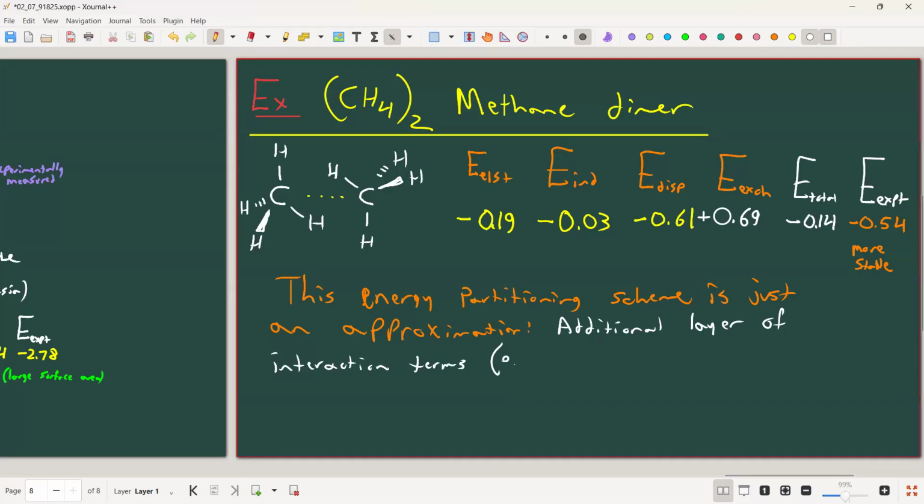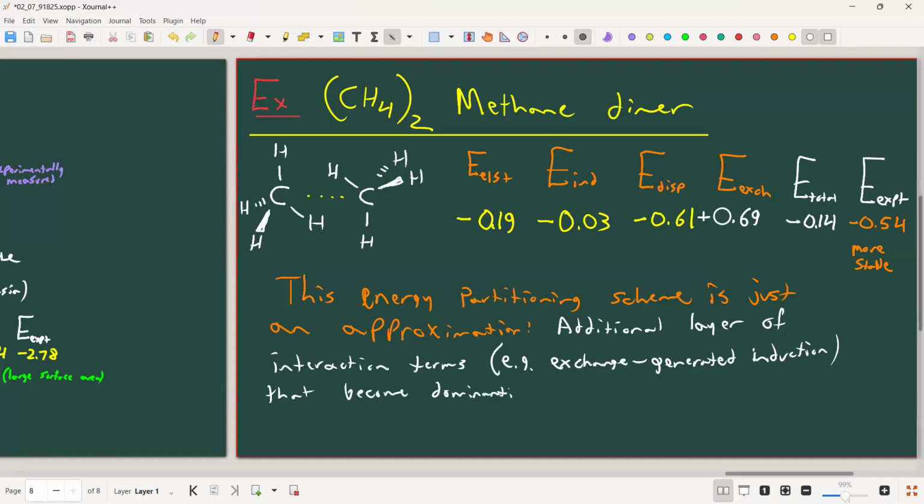So, for example, exchange generated induction, for example, that become dominant. They're very, very small, right?